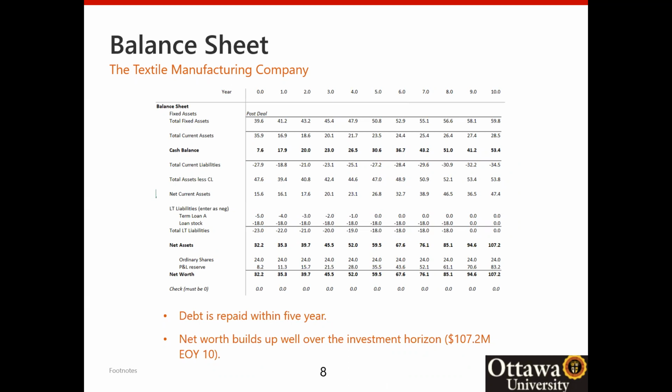The net asset value is also increased over time, and the net worth is built up very well over the investment horizon, achieving about 108 million at the end of year 10. It's more than triple the net worth valuation at the beginning of the investment period.